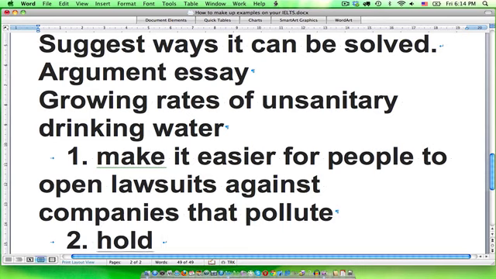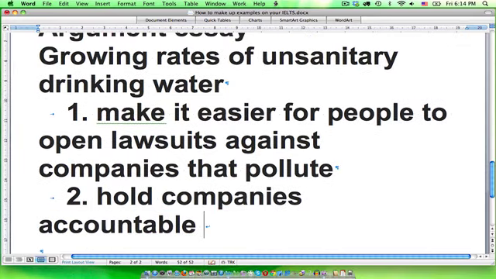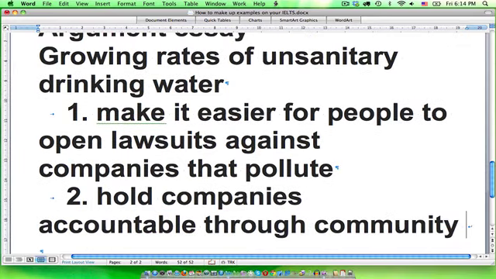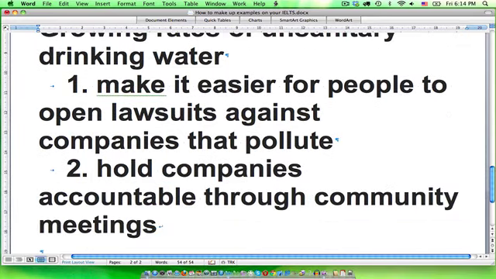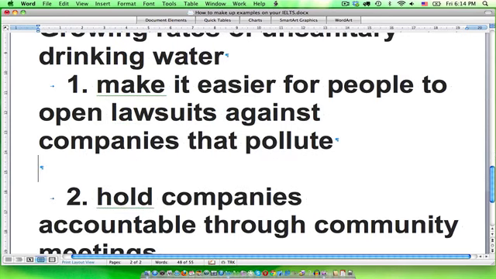So something like hold companies accountable through community meetings. Okay, so these are going to be the two positions that we're going to take. These are going to be the two ways that we're suggesting that unsanitary drinking water can be improved, or rates of unsanitary drinking water can be improved.